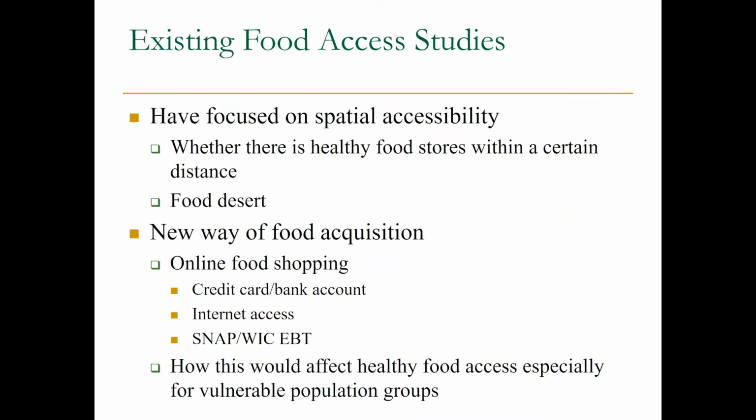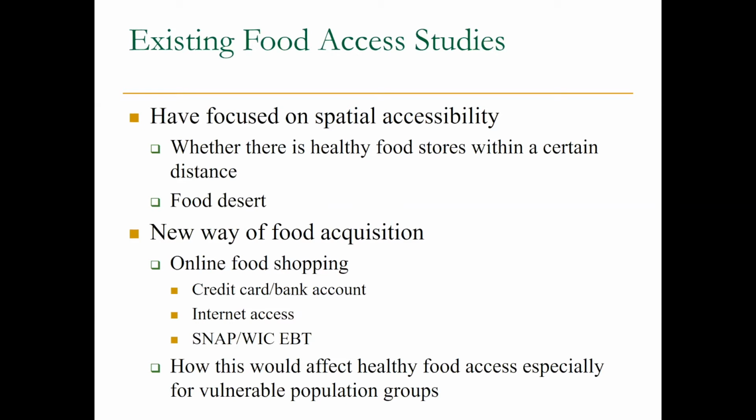And then if I link the entire context and research with the existing food access studies, a lot of food access studies have been mainly focused on spatial accessibility. So it's related to whether you have healthy stores within a certain distance or in your neighborhood.